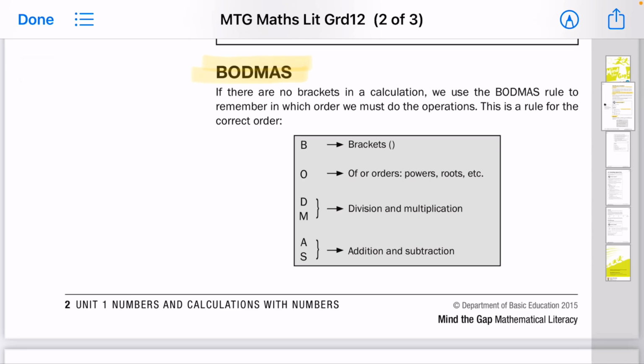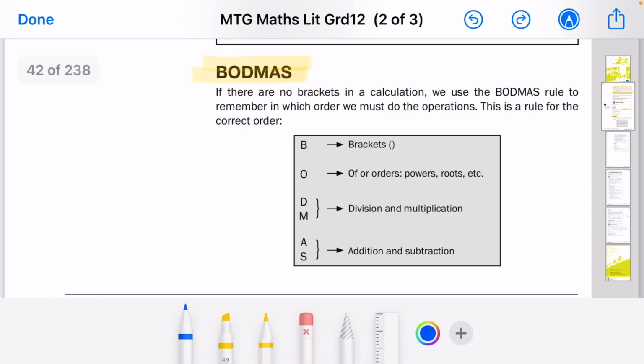So ladies and gentlemen, I hope since primary level you've been coming across this word BODMAS many times. BODMAS applies to all mathematical equations. You will never have to perform some calculations and not apply BODMAS. With regards to BODMAS, that B refers to the brackets.